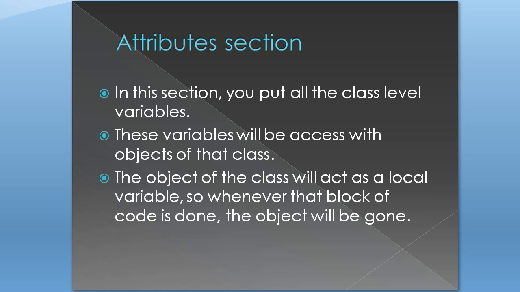Attribute section. In this section you put all the class level variables. These variables will be accessed with the objects of that class, or we'll notice in this tutorial we'll make class level variables be class level and not object level. And the objects of the class will act as a local variable, so whenever that block of code is done, the object will be gone.